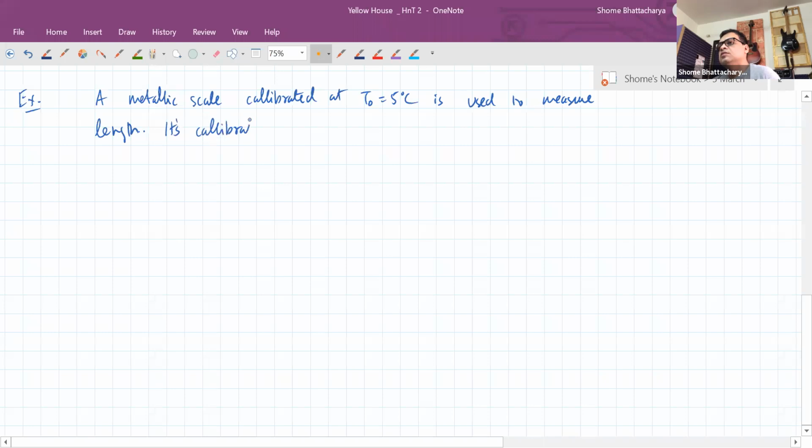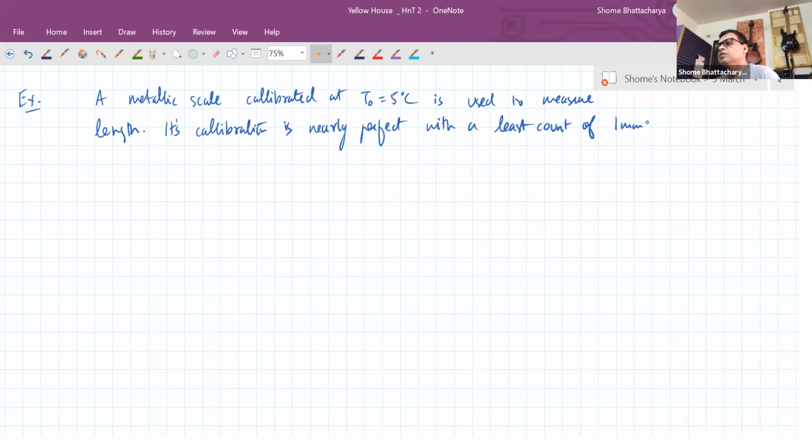Its calibration is nearly perfect with a least count of 1 millimeter at T naught equal to 5 degrees C. So nearly perfect means it's not having any error. And least count, as you know, is the smallest division on the scale. So that's equal to 1 millimeter at a temperature of 5 degrees.